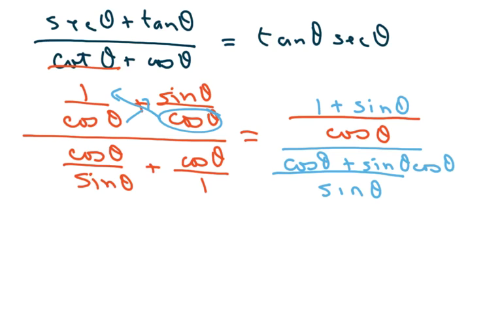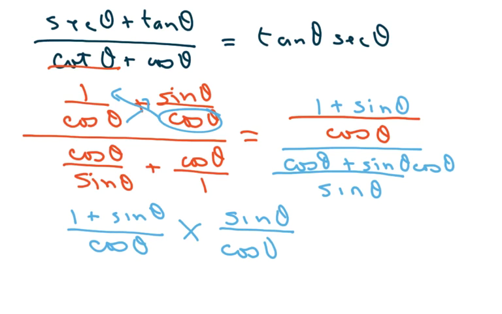Now, when you clean this up, we're going to go ahead and write this as 1 plus sine of theta over cosine of theta. And what I'm going to do, since this is division, I'm going to change this to multiply and flip this. So this is going to be sine of theta over cosine of theta plus sine of theta cosine of theta.